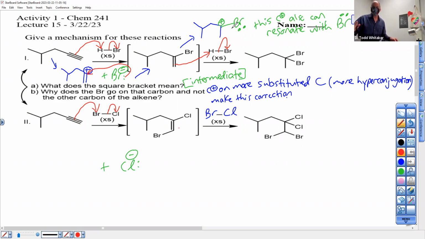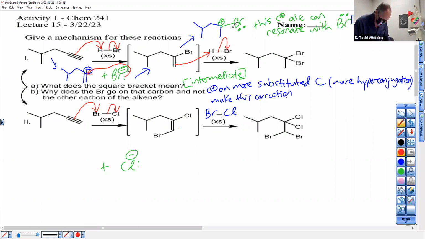And hyperconjugation means it's related to resonance, but there's not really resonance there. It's like getting electrons close to a cation instead of moving them into a cation, moving them in being resonance. I showed that arrow. Hyperconjugation just puts them close. Sigma bond close to a cation. Anyway, that's a lot of talk about something you never have to tell me about.